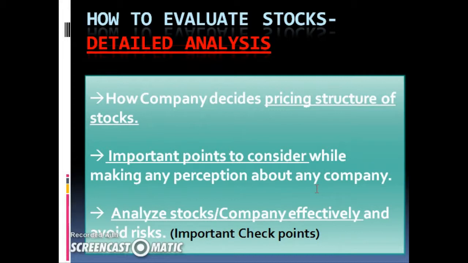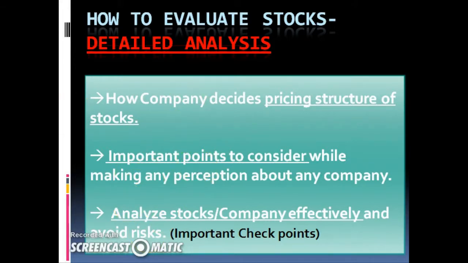And the third, which is very important, is how to analyze stocks or a company effectively, because once you have decided to go with any company, you should know what checkpoints should be there and what possible risks you might be dealing with that are hidden from you. We will cover all three points one by one.